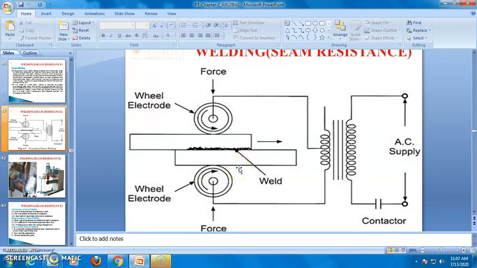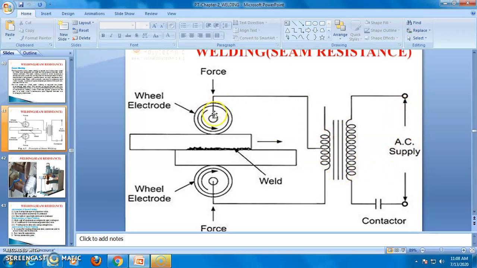Here again, if you compare with spot welding, you can find common equipment. Here you have a transformer, which is also AC type.